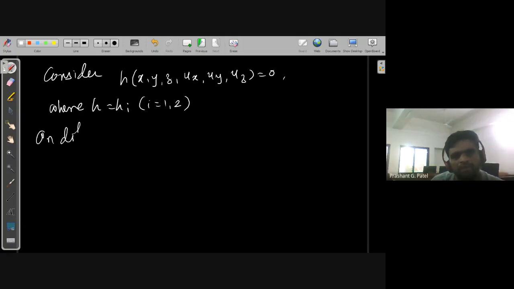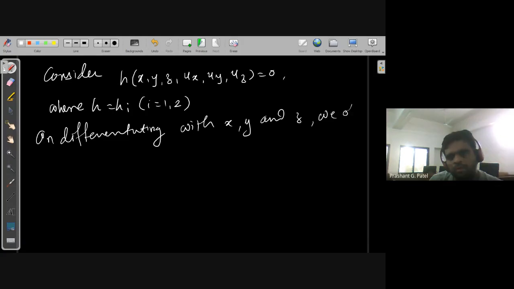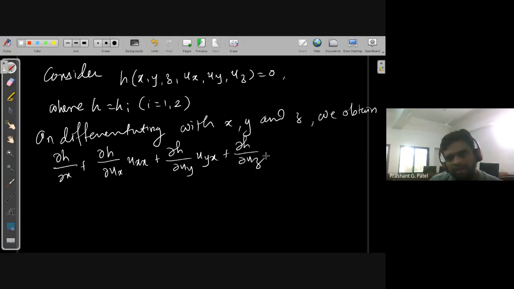On differentiating with respect to x, y, and z, we obtain del h by del x plus del h by del ux uxx plus del h by del uy uyx plus del h by del uz uzx is equal to 0.